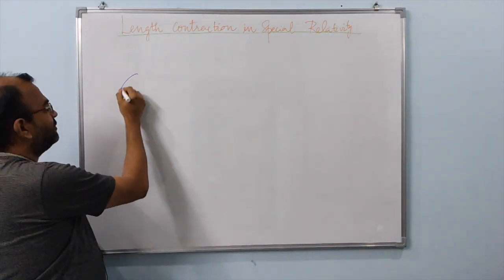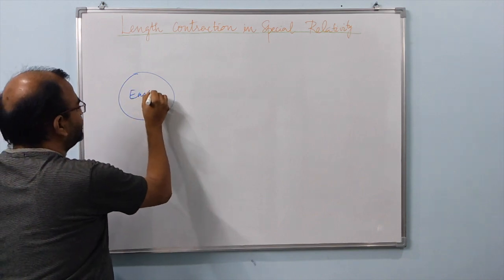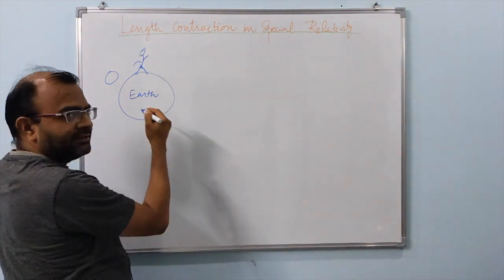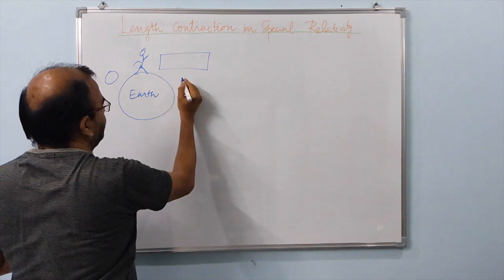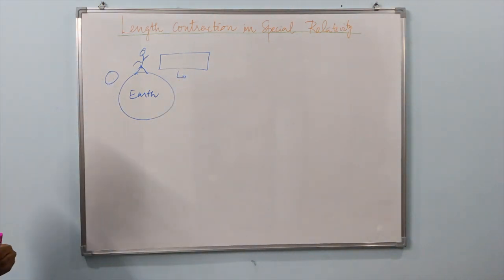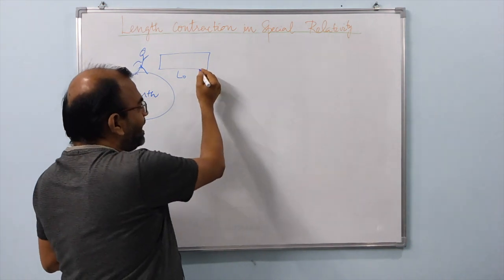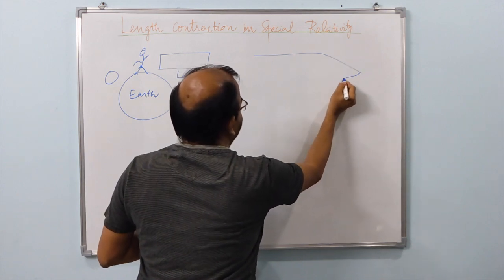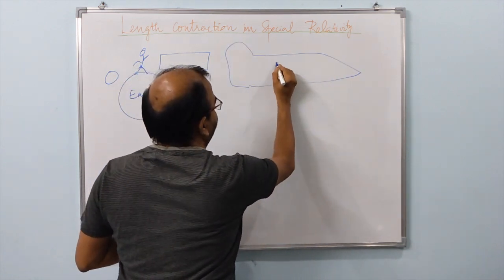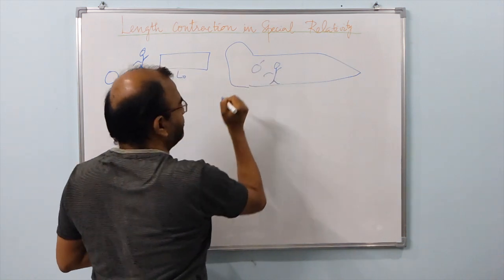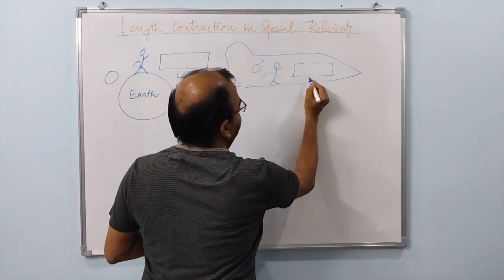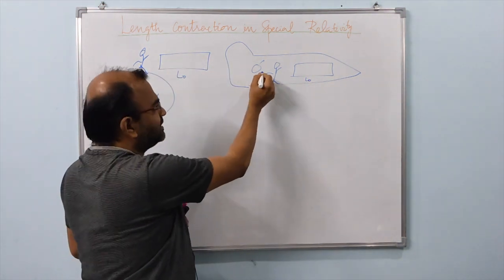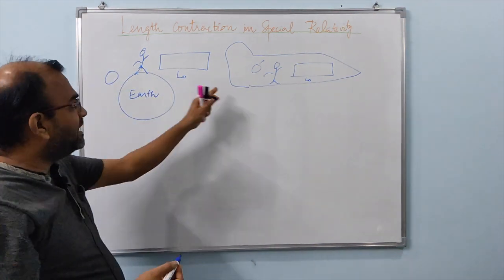Suppose there is an earth-based observer. Let's call him O. Now, if this observer on Earth carries an object, let's say of length L0, and an identical object having the same length is carried aboard a spaceship by another observer O prime, the length of the object as measured by O prime is going to be again L0 because it is an identical object.